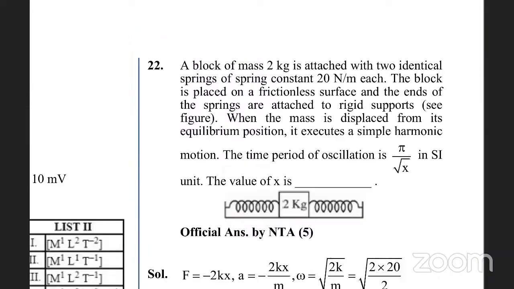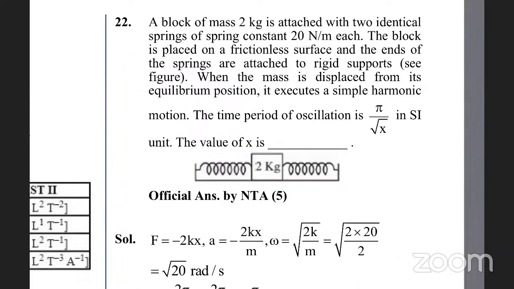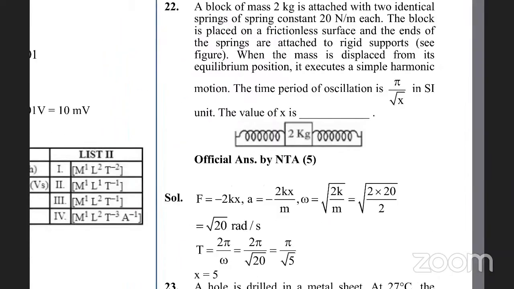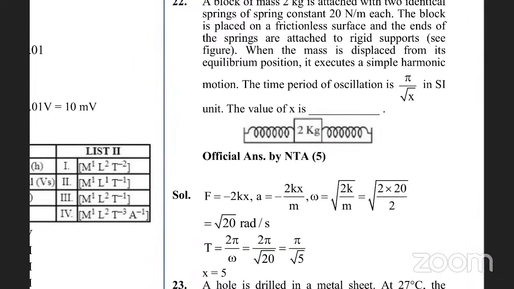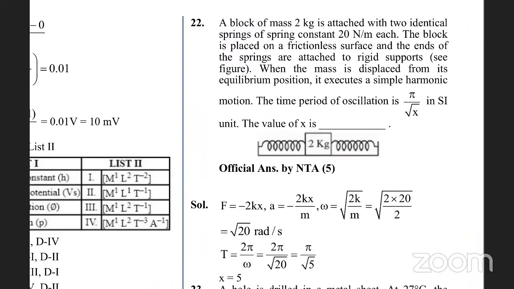So let us go to 22nd. A block of mass 2 kg attached with two identical springs of spring constant 20 Newton per meter each.